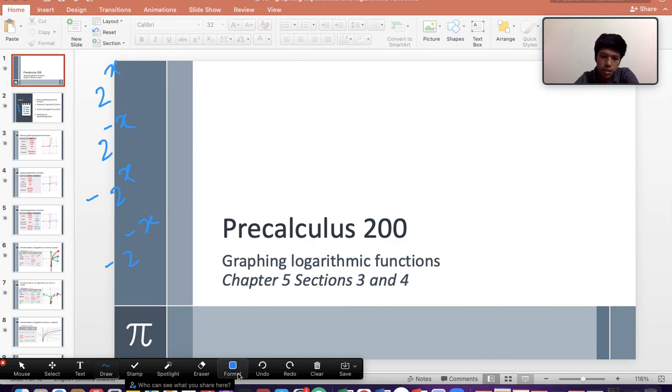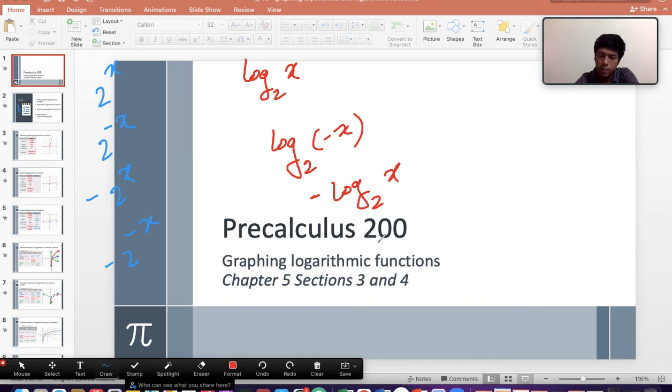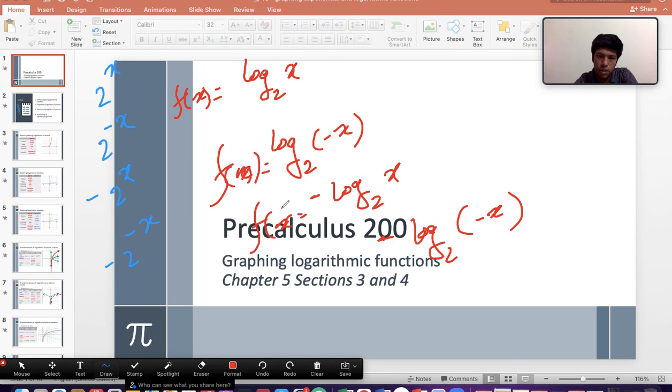Then the logarithm functions, this is the last minute of this recording: log base 2 of x, log base 2 of minus x, then minus log base 2 of x, then minus log base 2 of minus x, and all of them are f(x) equals. These are the most important 8 graphs that you all should know.